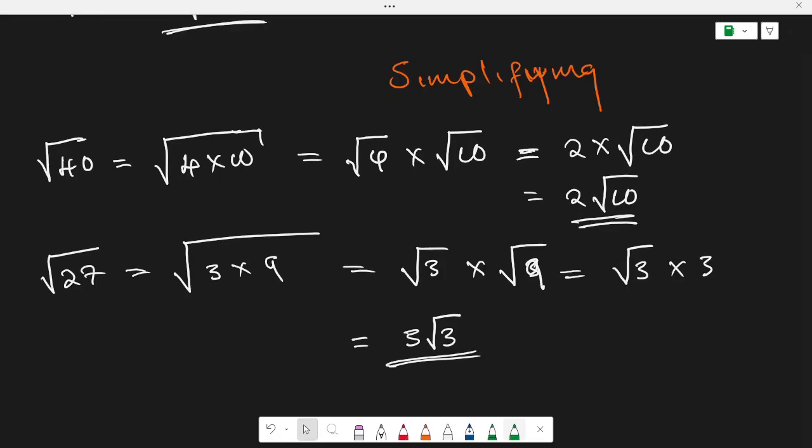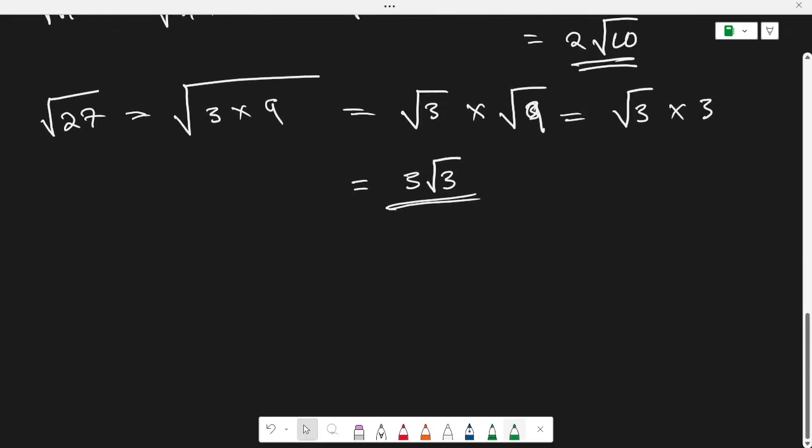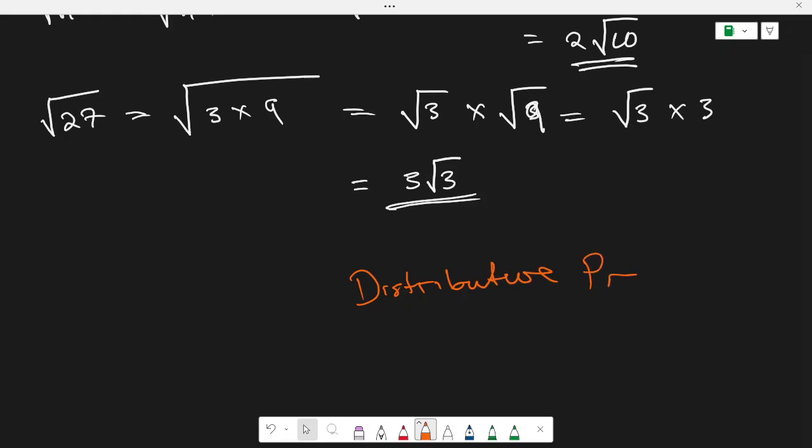Okay. And one other thing that you need to look at is the distributive property of surds. For example, you can have 5 plus root 3, and you have something like root 2 on the outside.